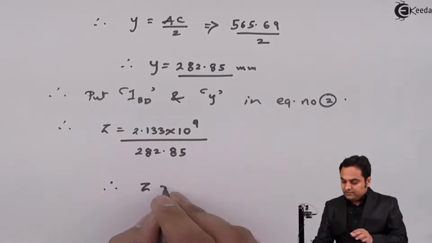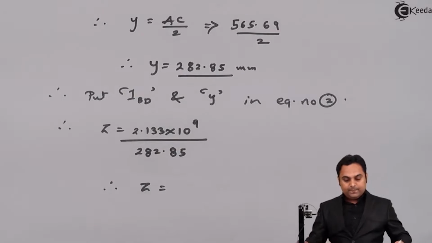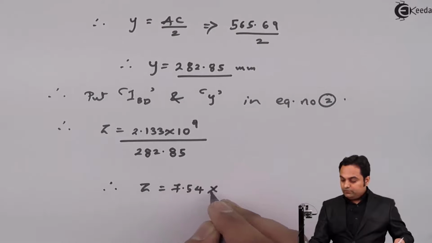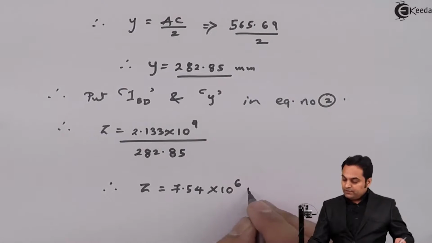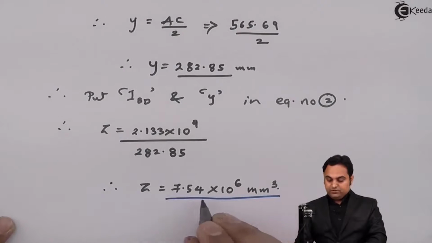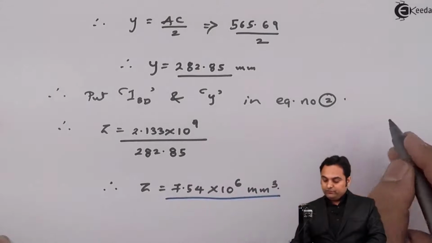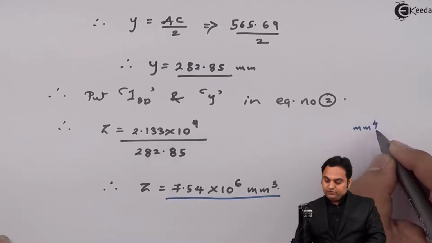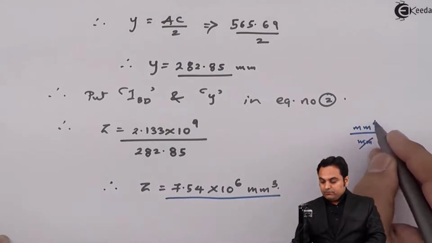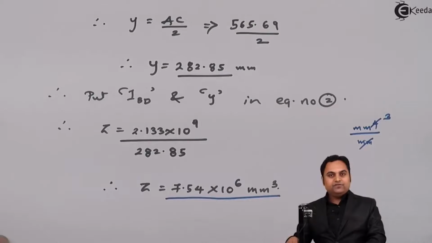From this, I get the answer of Z, which comes out to be 7.54 into 10 raised to 6 mm cubed. Because this is the section modulus, the unit of moment of inertia is mm raised to 4 upon y, the distance in mm, so mm cancels and mm cubed is the unit of section modulus.